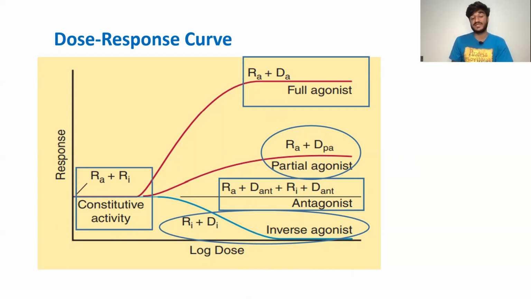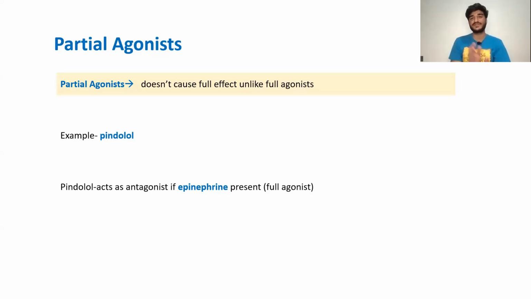And in the constitutive activity, we don't have any agonist that sits on the ligands. Actually, we need the second messengers like the G proteins when we want to study the constitutive activity of the drugs. In this slide, you see different examples like the partial agonists. Actually, it will not cause full action as it does with the full agonist.